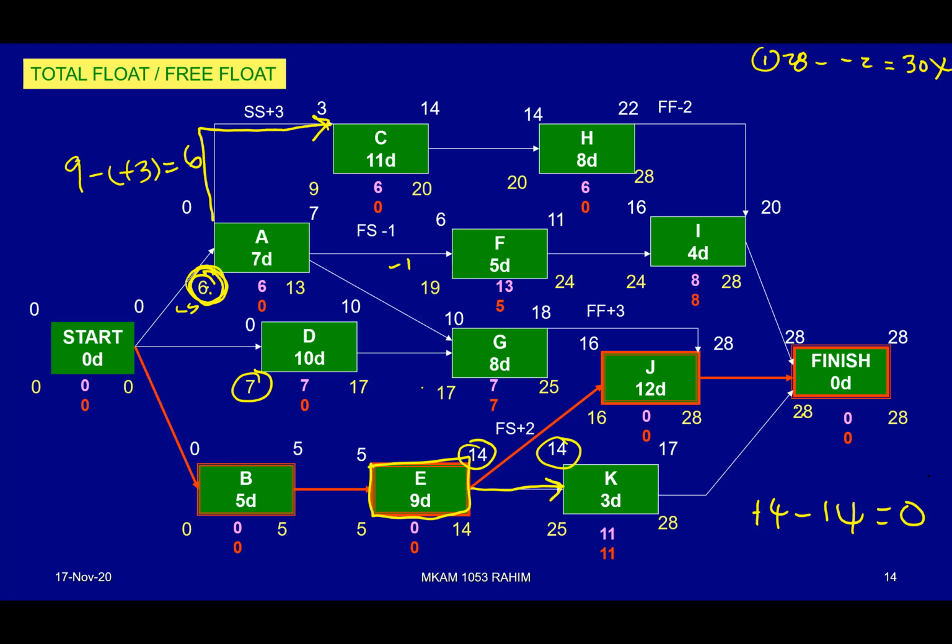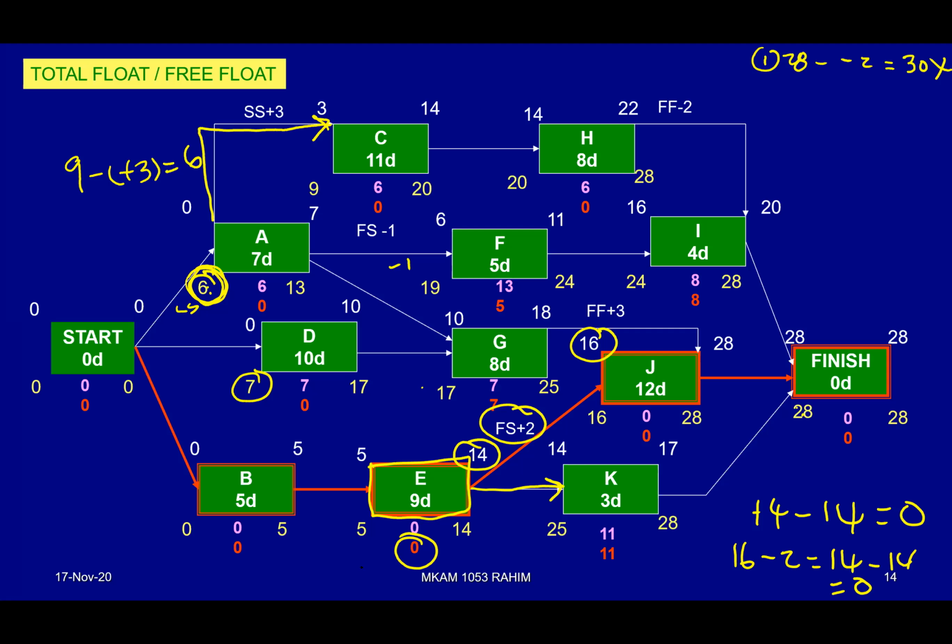How about between E and J? How do we calculate the free float? To evaluate, this is 16. You must minus 2, because 2 is the lag here. You will get 14. Then 14 you compare with 14. Again it is 0. So that's how you get the free float of 0 in both scenarios.